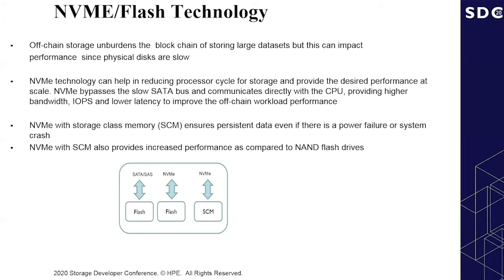NVMe technology, along with storage class memory, helps in improving the overall off-chain workload performance. So if we look at one of the blockchain use cases in the financial sector, NVMe with storage class memory enables rapid processing and execution of financial transactions.